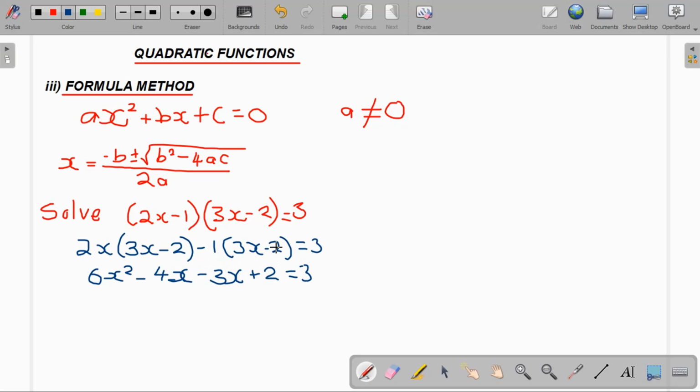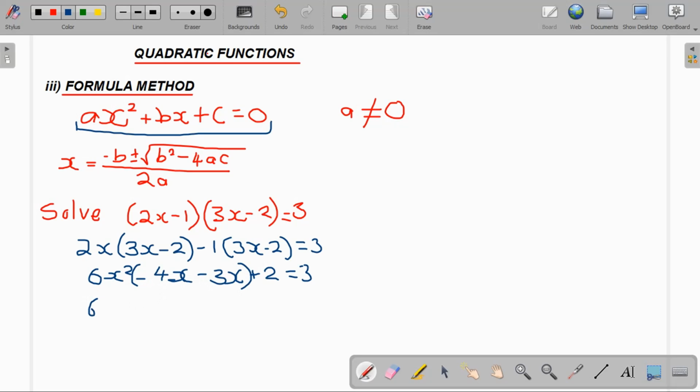Remember, when you're solving this quadratic function, you have to make sure that it takes you back to this form here. Now these are like terms, so we can add or subtract them.